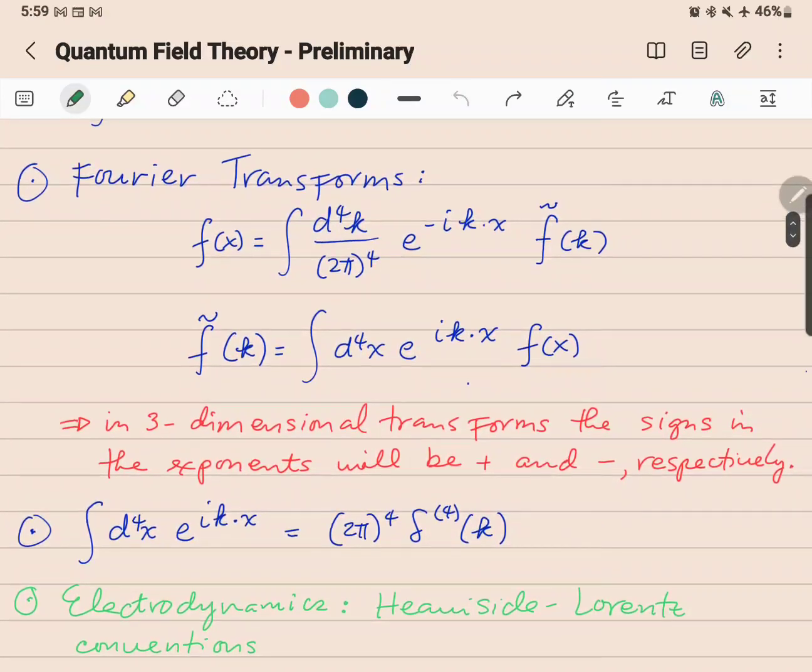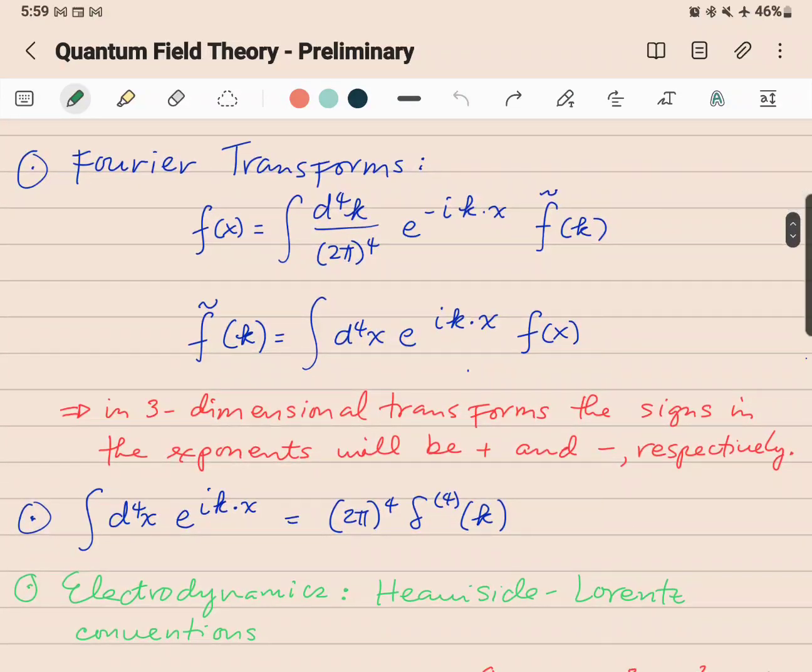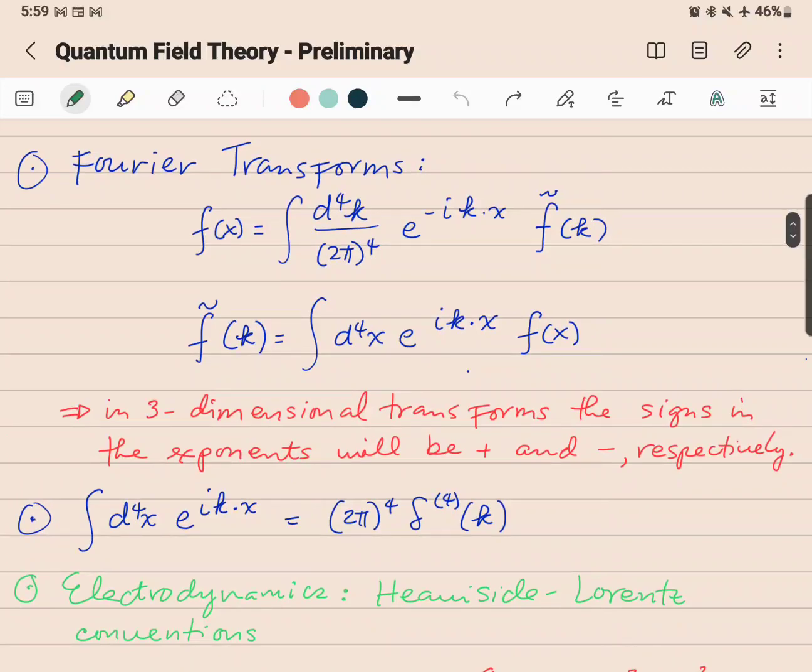So we also have the Fourier transform. In this expression, you are getting the integral of the plane waves in terms of momentum times the function f tilde of k.